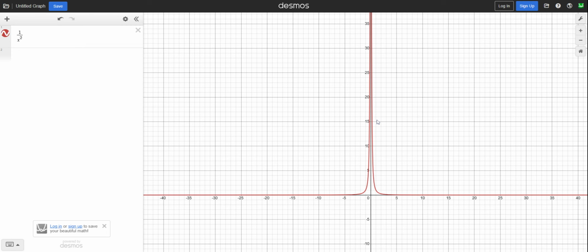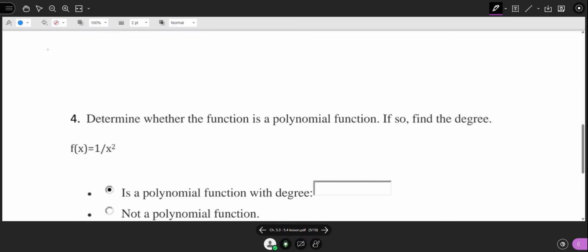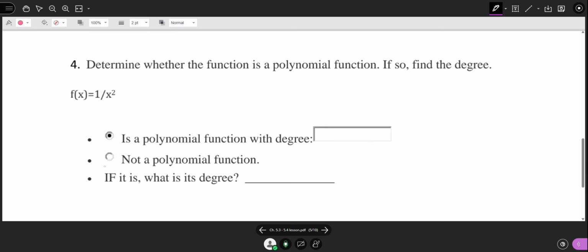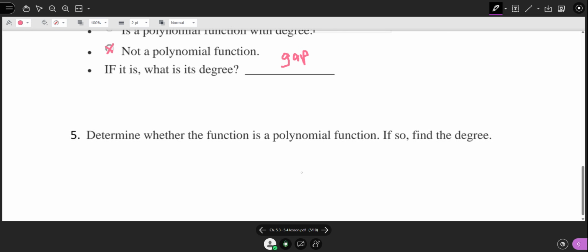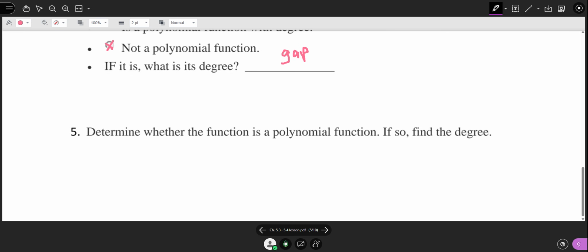It would pass the vertical line test. But the problem is, we got a gap. So again, it's not a polynomial because we got a gap this time. So we don't have a problem yet, so go page next.